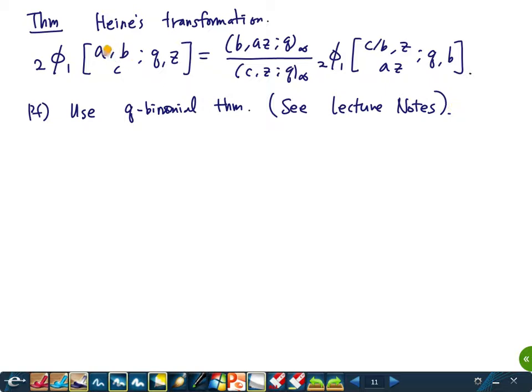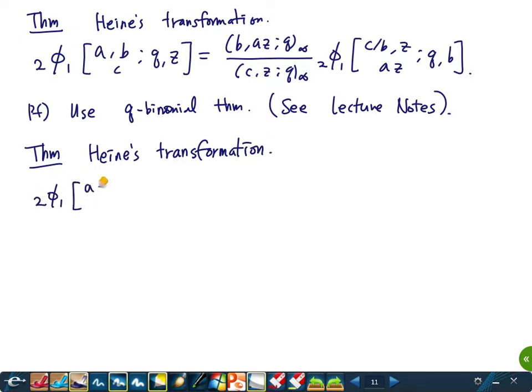And there is another version of this. Again, it's Heine's transformation. We apply this again and again. Then there are several different ways to do this. Then we get 2 phi 1.